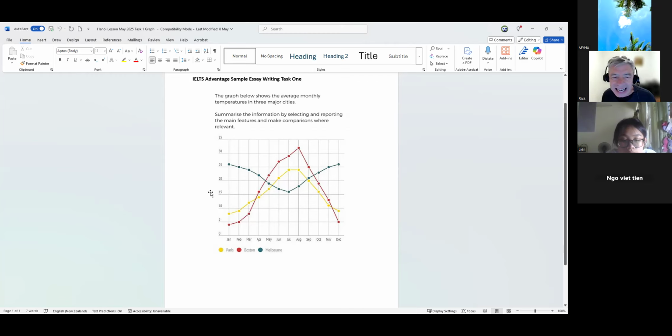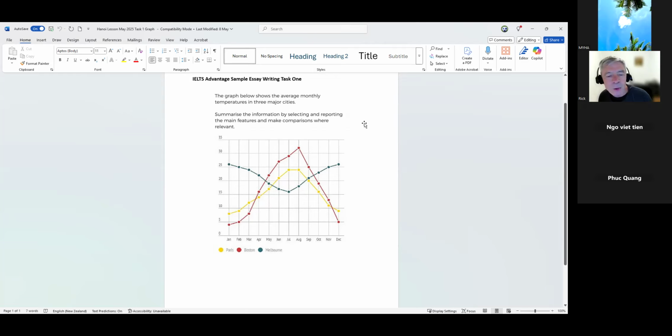Remember, when you first look at any graph, you have to look at the x and the y-axis. Quang, what is on the y-axis of this graph? It shows the month. Correct.